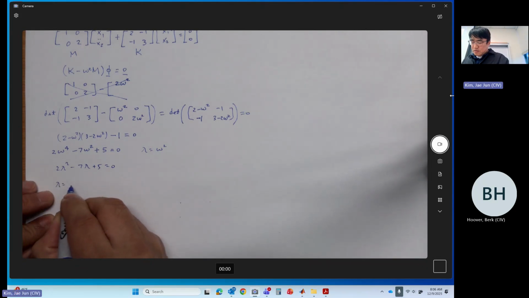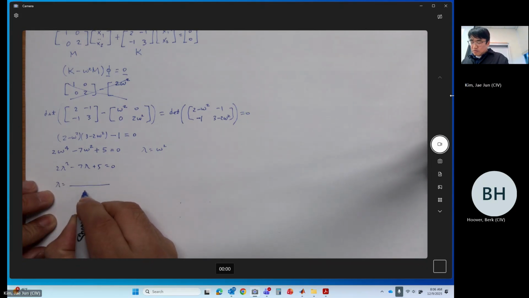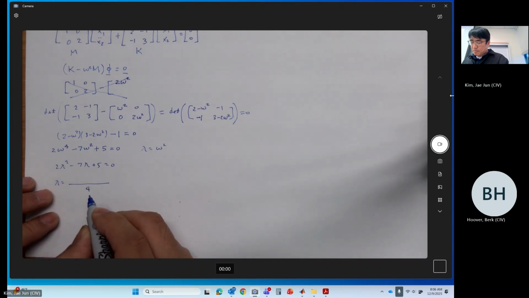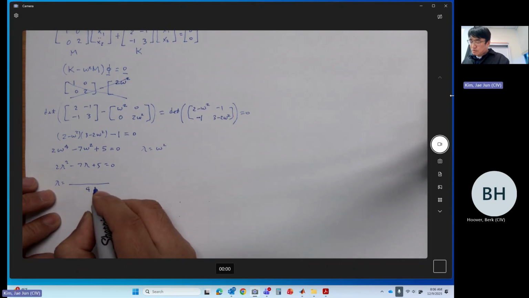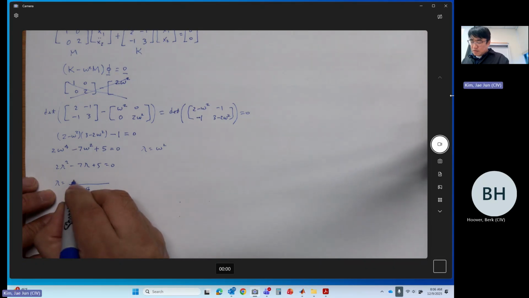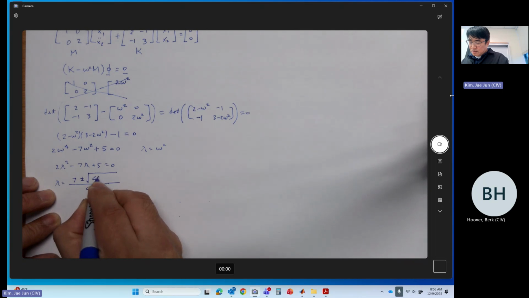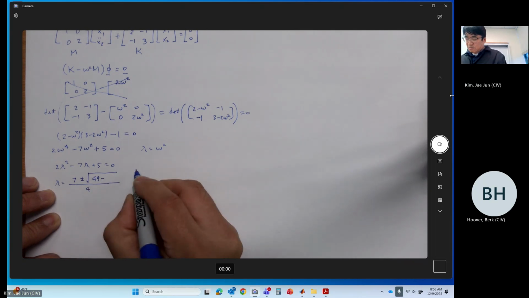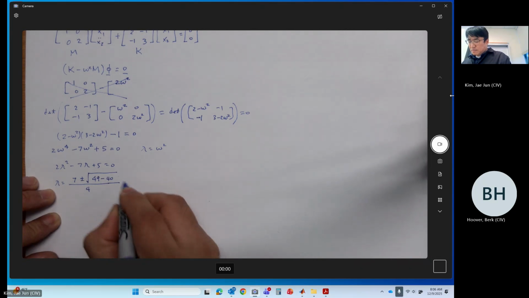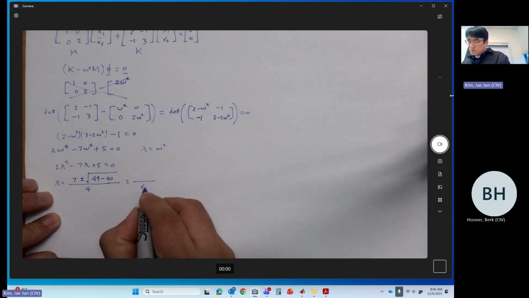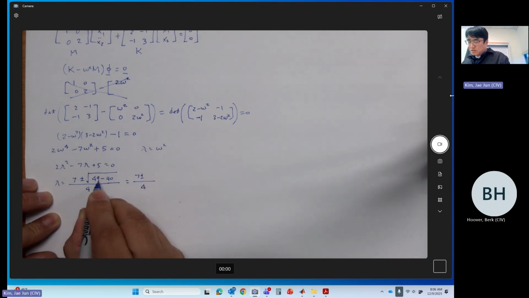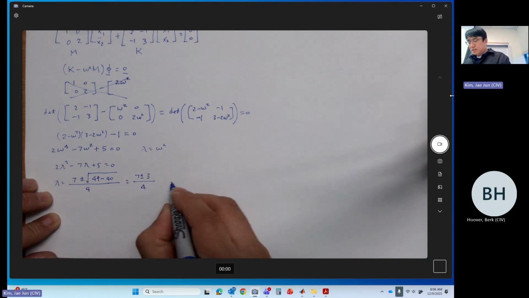Lambda is minus b plus or minus the square root of 49 minus 4ac, over 4, which is 7 plus or minus 3.